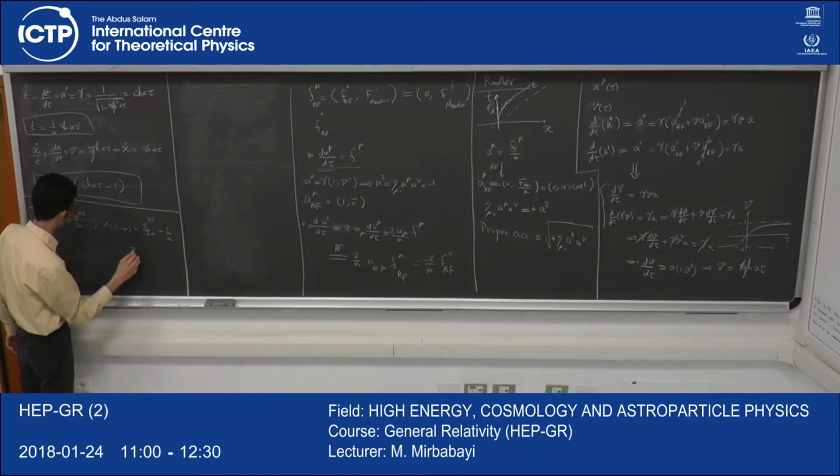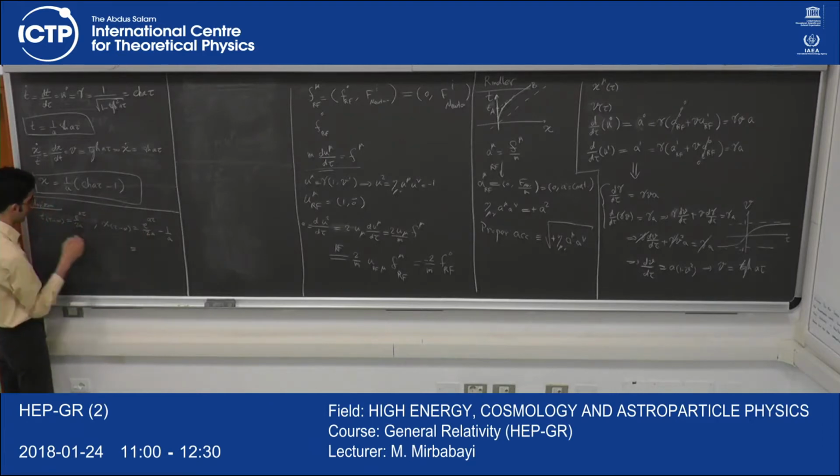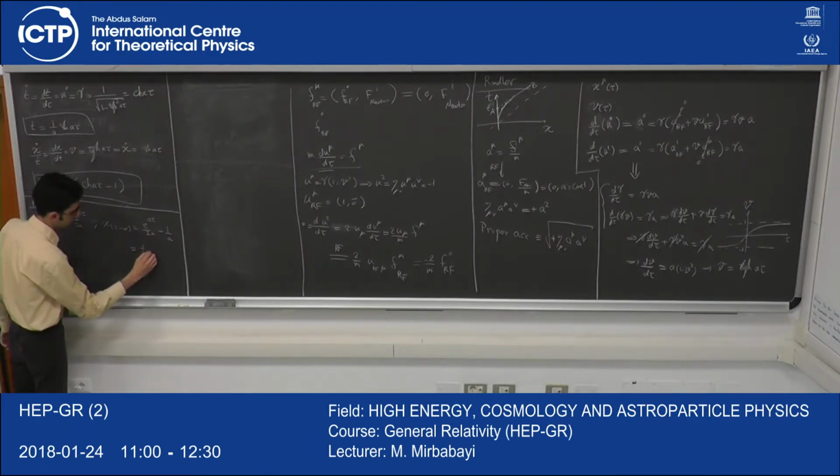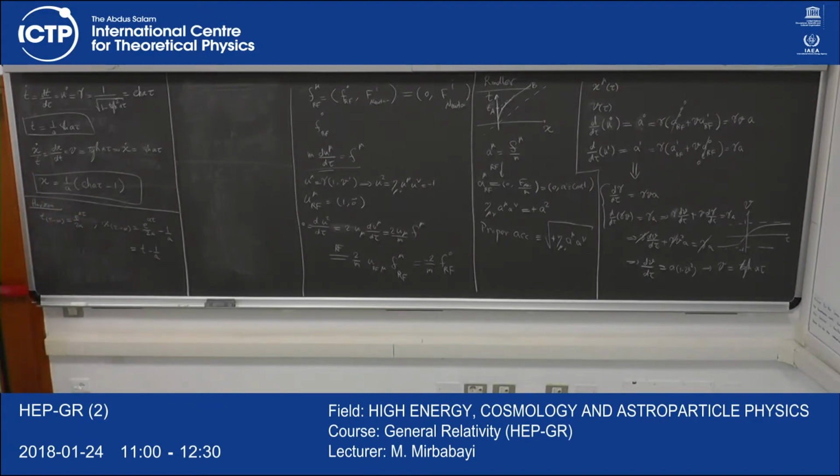So this is the same as t. This is equal to t minus 1/a. So the intercept of this trajectory with the t-axis is just 1/a. So t_A is equal to 1/a.